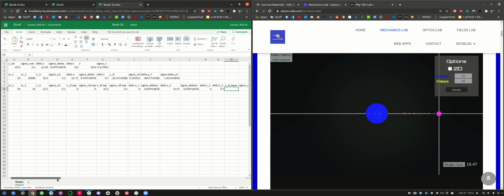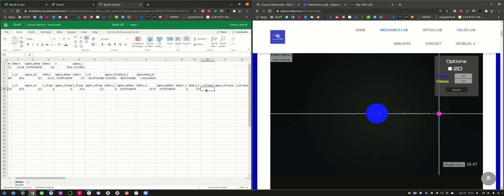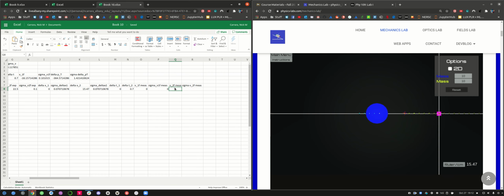Okay. And so V1 measured is just going to be 0 because it didn't go anywhere. So that divided by delta T1 actually gives you a problem because division by 0. So this just ends up being 0. That means that's going to be 0 as well. But this is going to be delta x2 divided by delta t2, 22.1, so it's close.